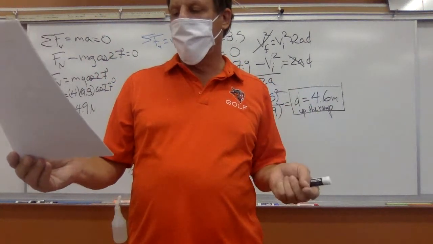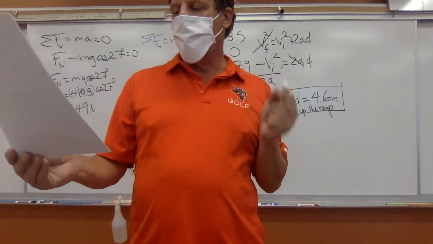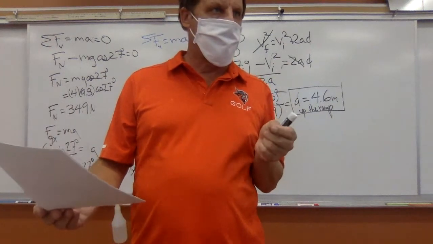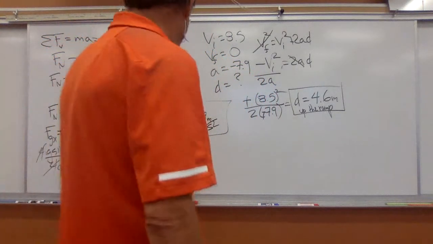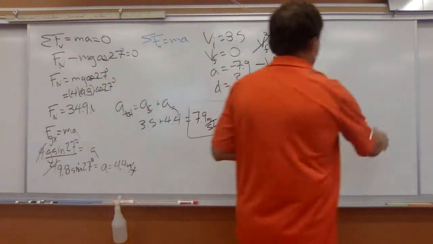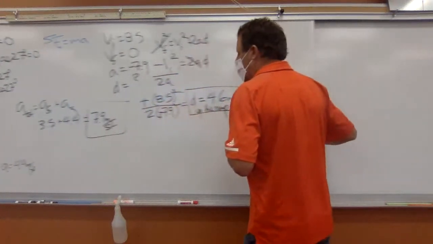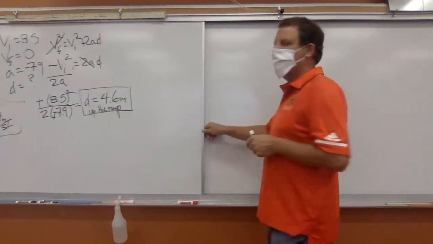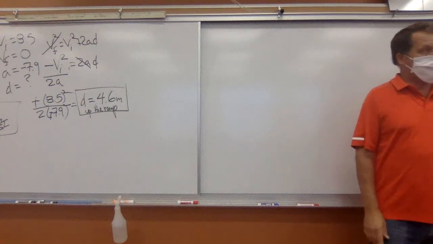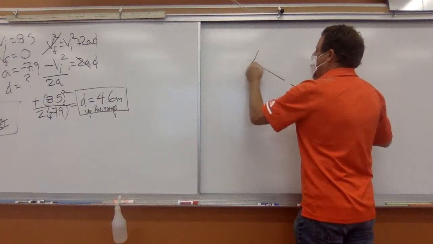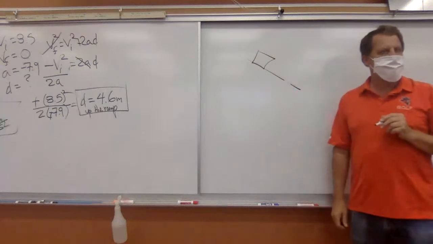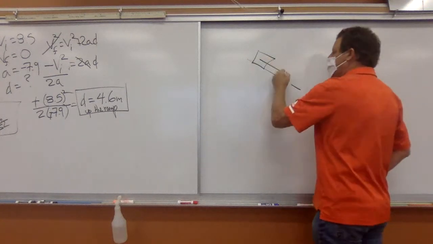Now, once the block reaches the highest point, it will stop. Now calculate the coefficient of static friction. I am going to move this over and redraw the free body diagram. As the block comes up, it's now going to stop.